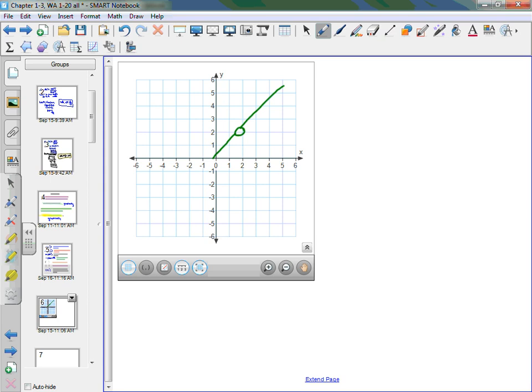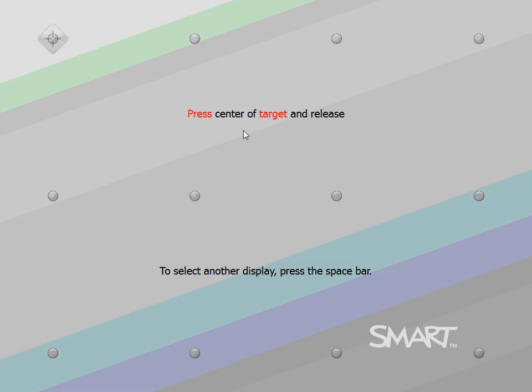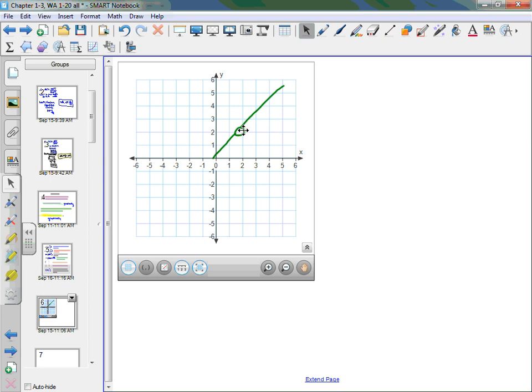Okay? The closed dot means part of that line. It's a corresponding dot on that line. Does that make sense? So point.